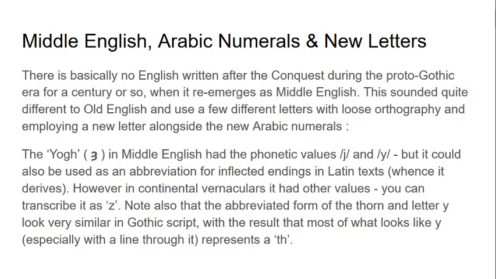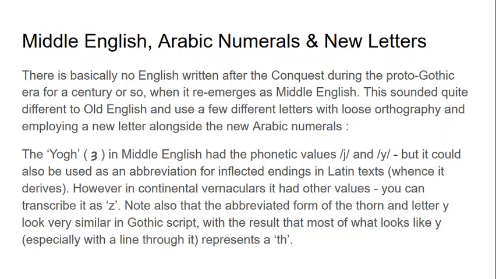It's worth talking briefly about Middle English, Arabic numerals, and new letters that come in the Gothic period. We basically don't have any English written after the conquest during the Proto-Gothic era for about a century, and then after that century it re-emerges as Middle English with a lot of imported French vocabulary and a much simpler grammar.